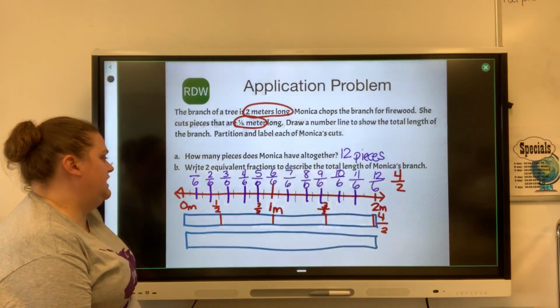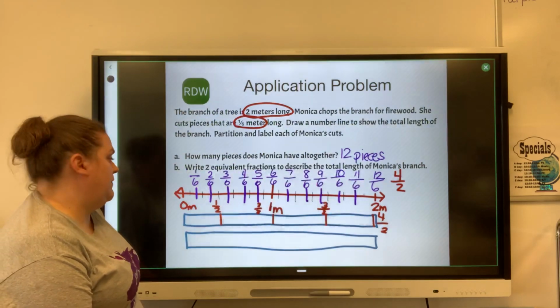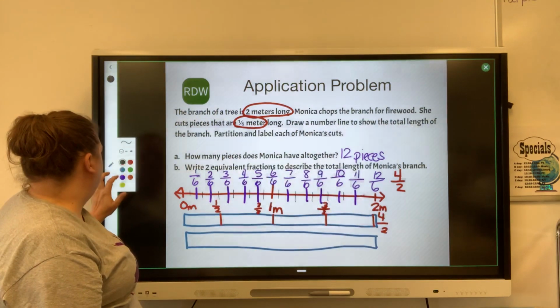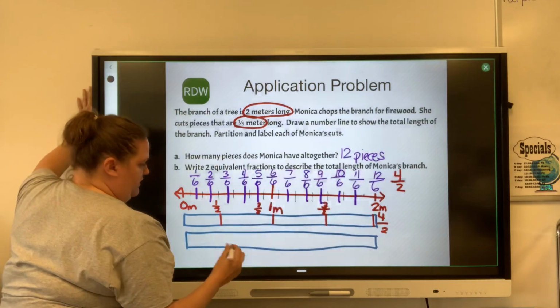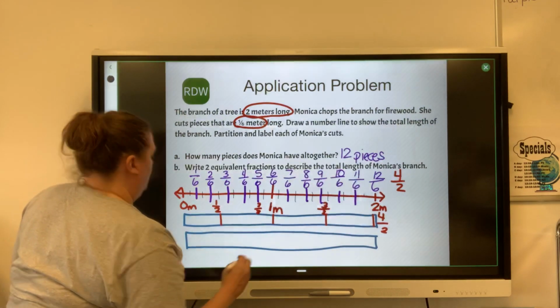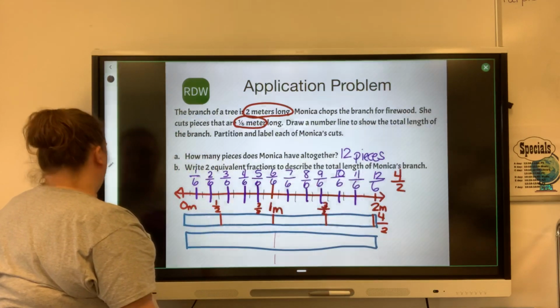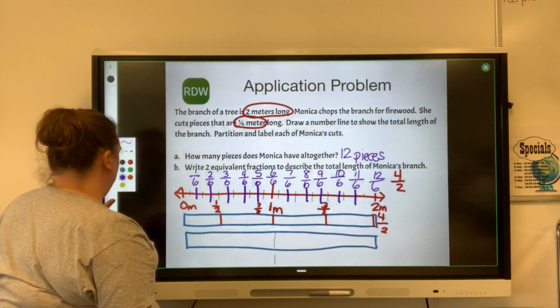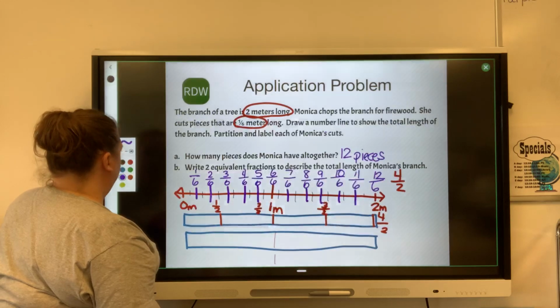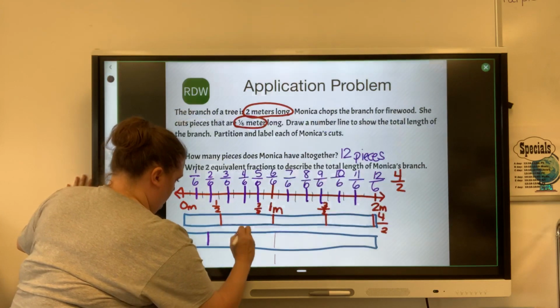And let's see if we can do thirds. I think we might be able to do thirds. So I'm going to come down here and do thirds. So this is my branch. I'm going to divide it into thirds. This is 1 again, and there's 2. I'm going to do this one in purple. So 1, 2, 3.